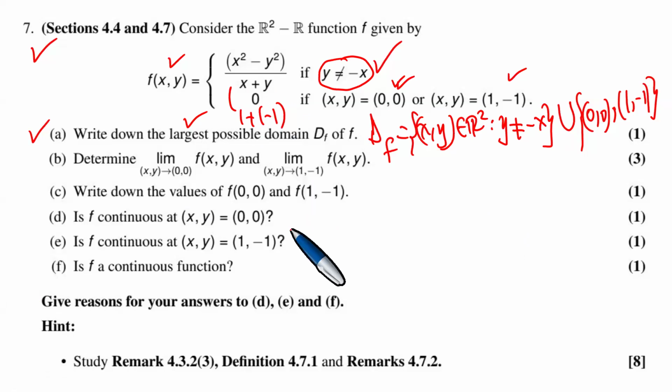So there are many obvious cases where this domain would be such that we need to remove a lot of points, but we're removing a lot of them by saying that y is not equal to minus x. Why are we saying this? We took this denominator, x plus y, and we want it not to be equal to 0, because we don't want division by 0.